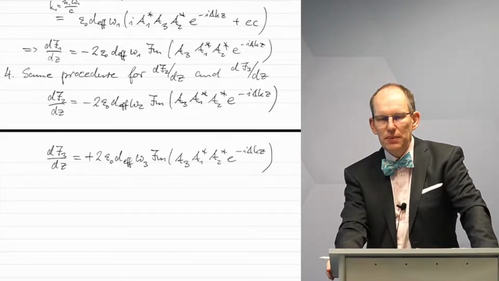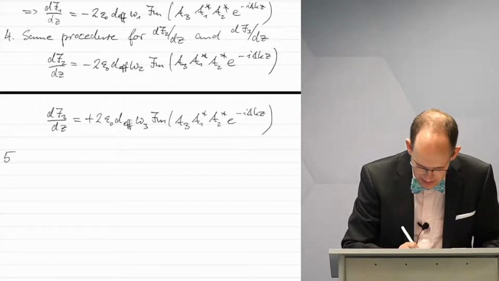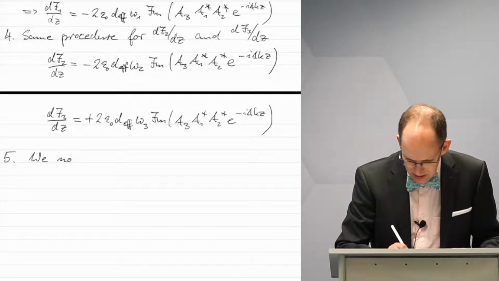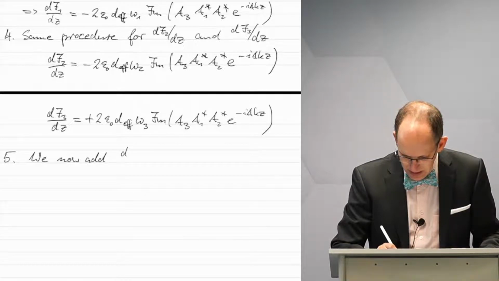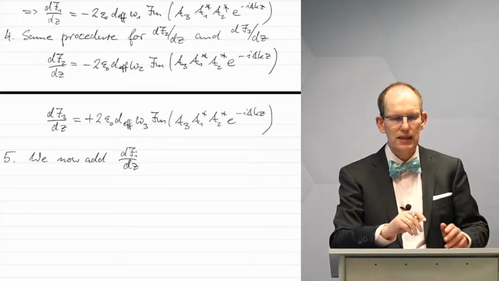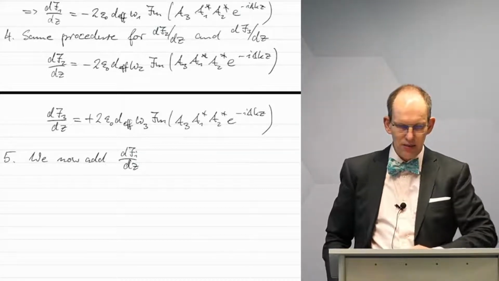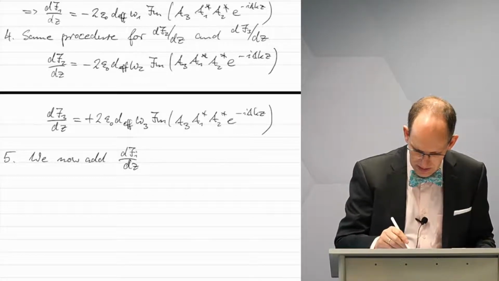So what we will do next is the following. So we now add dI over dz. What do you expect? If I add all these three, yeah, so what I do is the following.